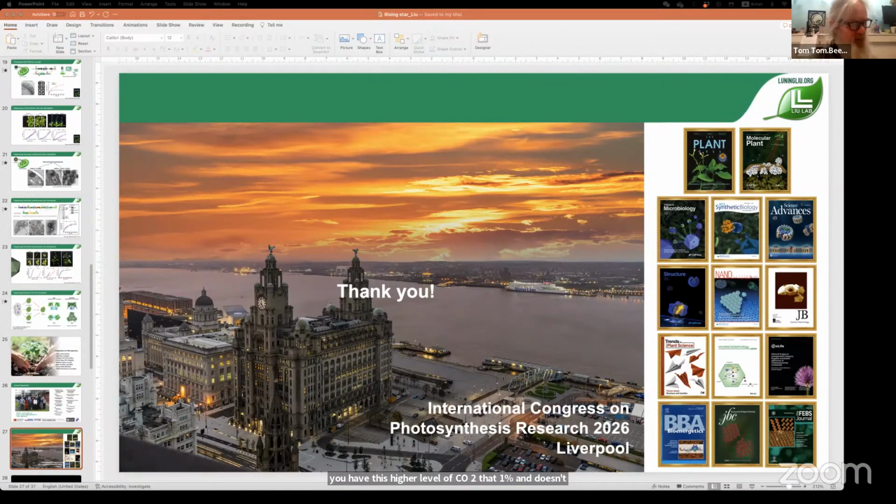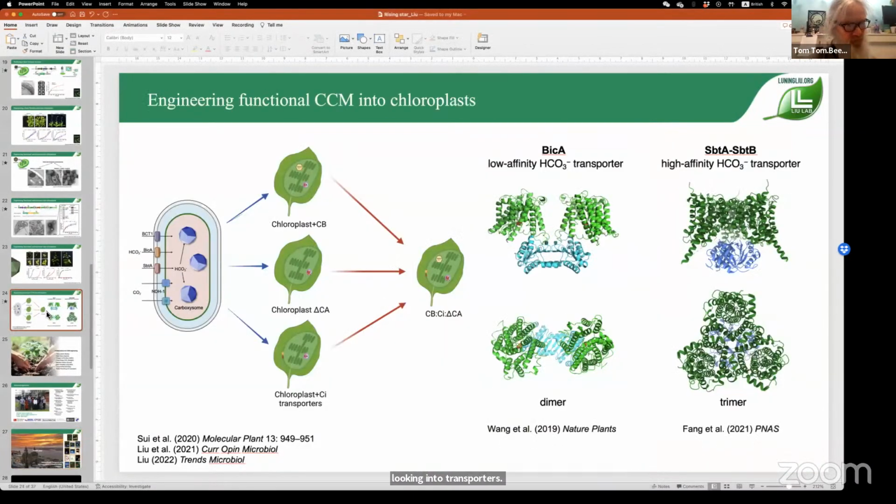So you need to create a kind of accumulation of CO2 in the chloroplasts, and you are looking into transporters in the chloroplast membrane, to engineer them or increase the abundance of these transporters. But I'm wondering, will more be needed than that?